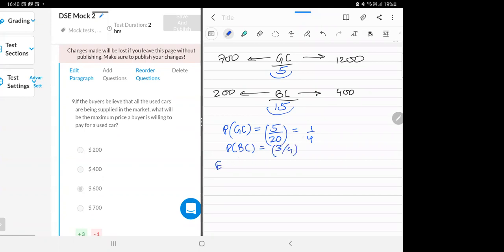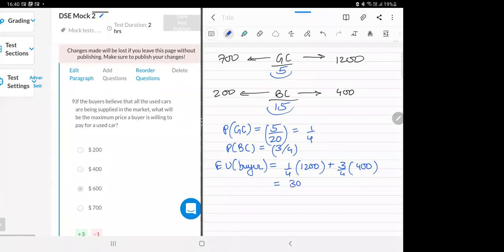So the expected utility of the buyer: with 1 by 4 probability he gets a utility of 1200, and with 3 by 4 probability he gets a utility of 400.